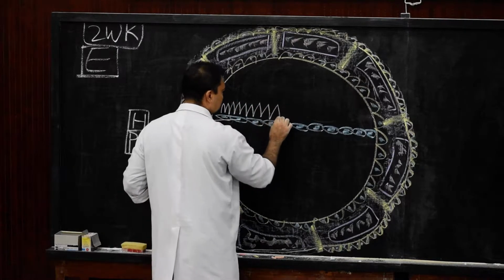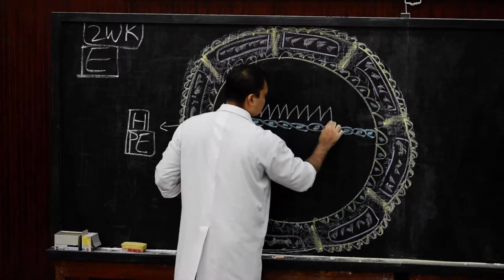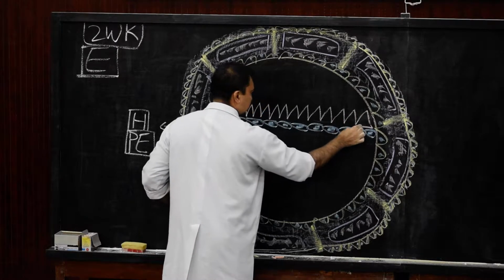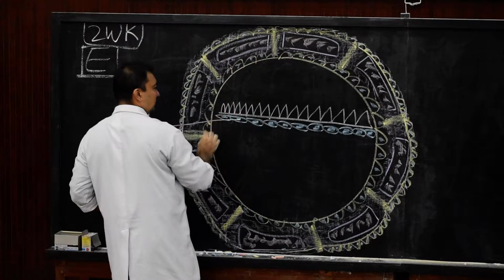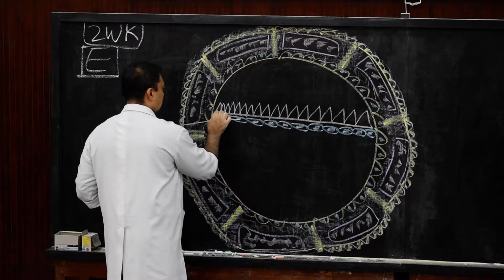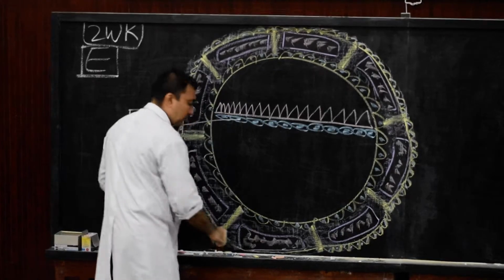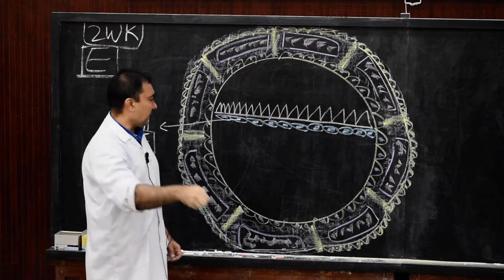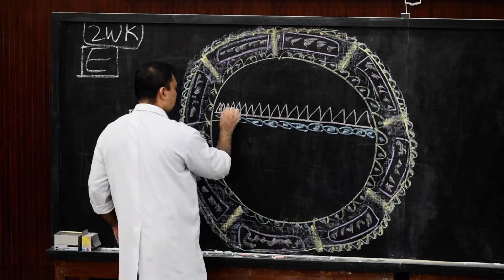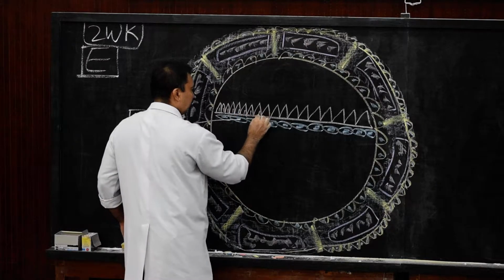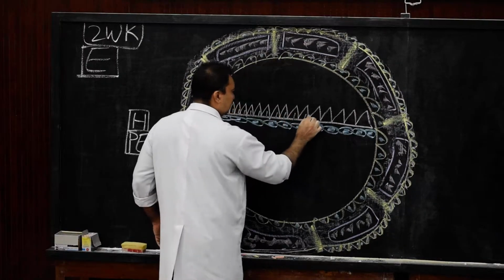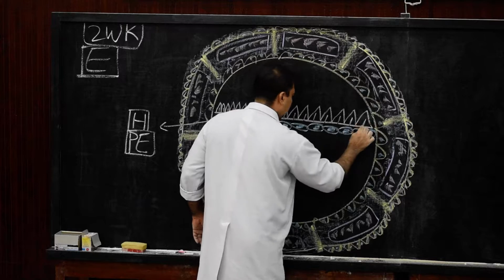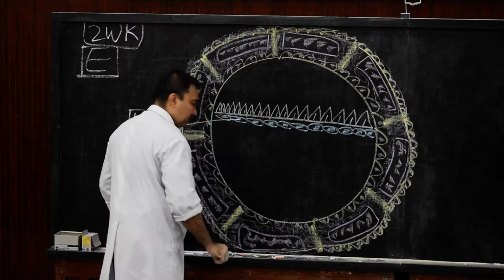See here I am drawing these columnar cells, and they will develop into the second germ layer, which is known as the primary ectoderm or epiblast. So here I am going to put the nuclei inside, and the name given will be the primary ectoderm, or the epiblast.